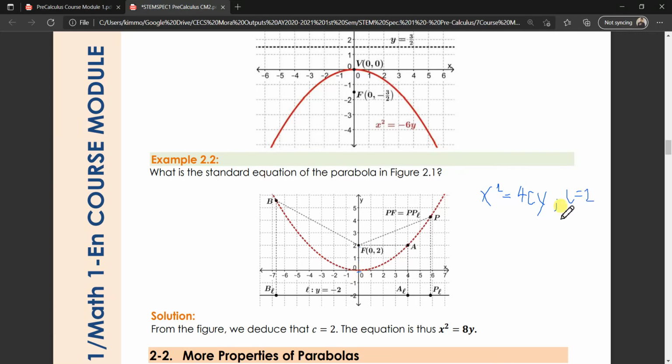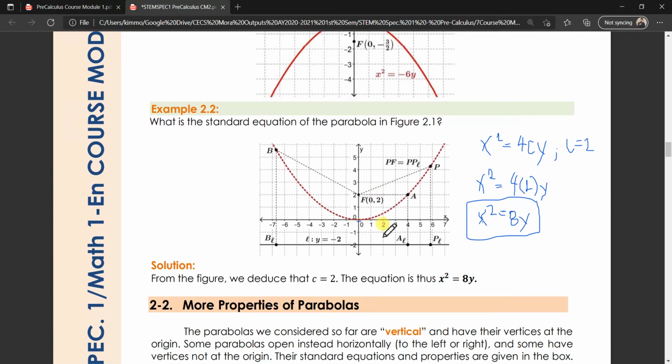So it is the same distance of 2. So we have x squared is equal to 4 times our c, which is 2, times y. So x squared is equal to 8y. So this is our final answer. It is easier when the graph is given.